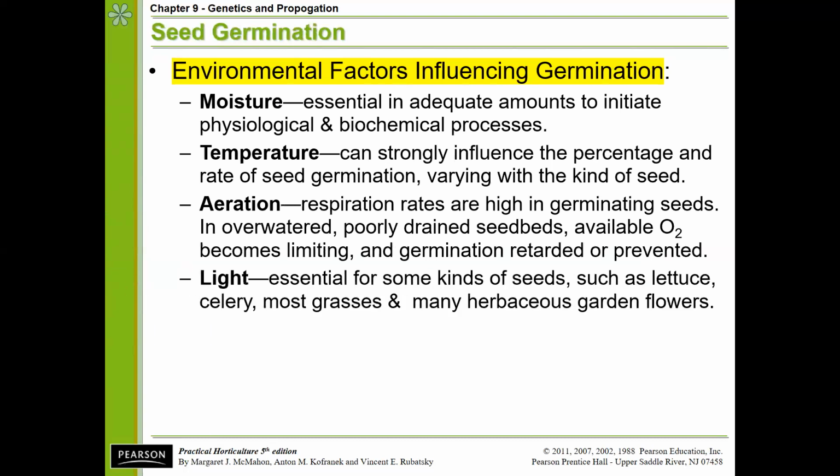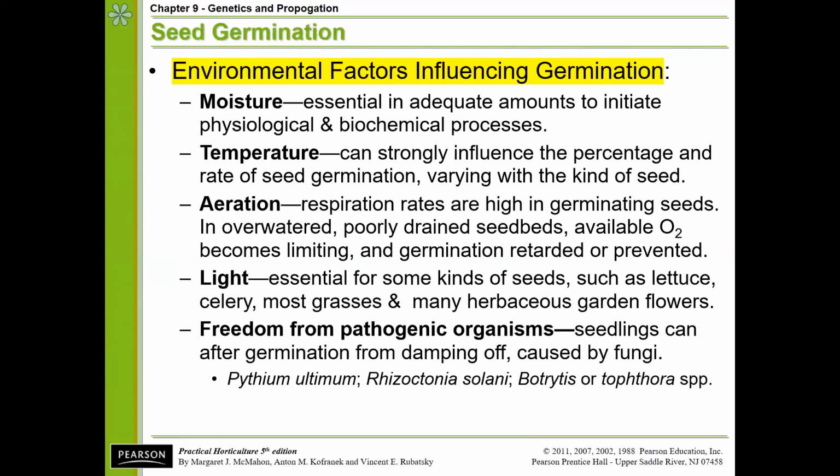Also, in some cases, they need light or the absence of light. Some seeds are, not as important for this, but things like lettuce, celery, parsley, a lot of grasses, they naturally shed their seeds and they lay on the surface of soils, so they actually need some light in order to germinate. A lot of flowers do that as well.